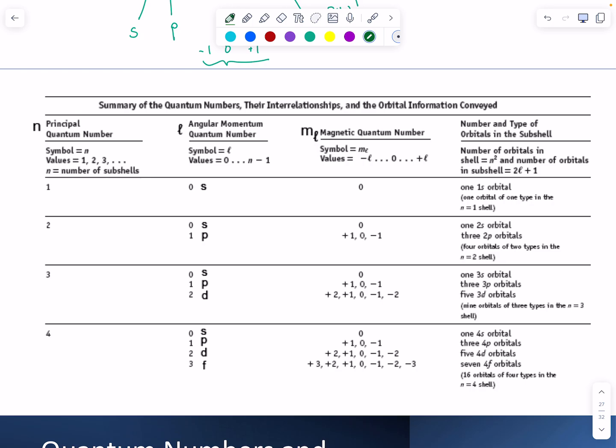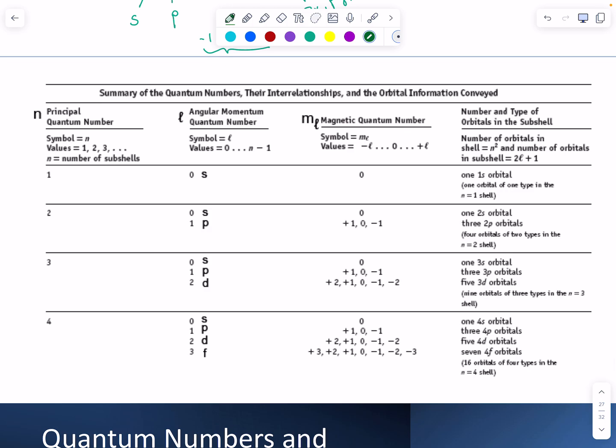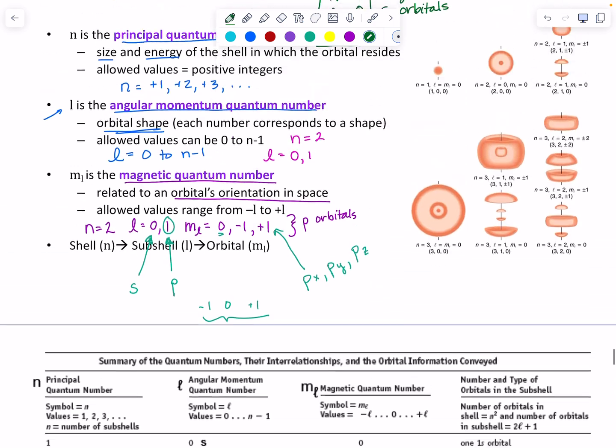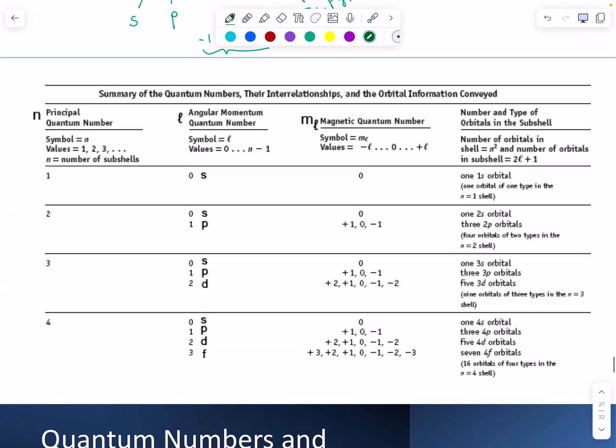Up to this point, this is just a chart that shows you if we went through doing all these numbers for all values of n, up to 4.